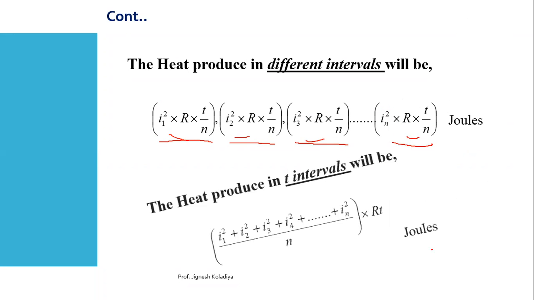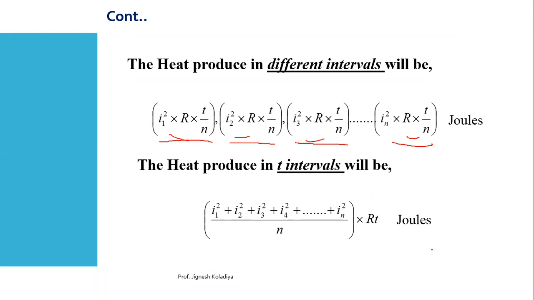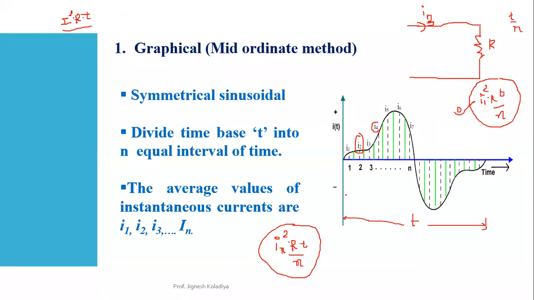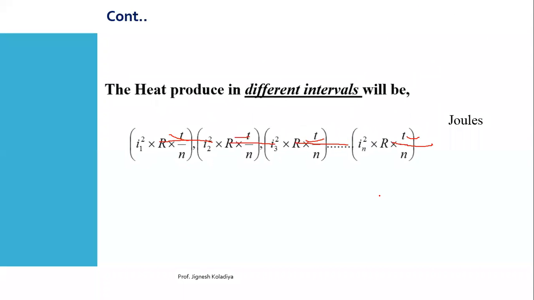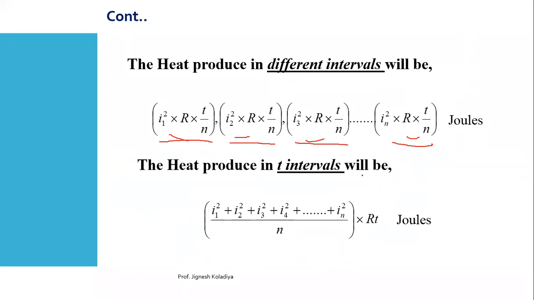Now the heat produced in T interval means your waveform started from 0 and goes up to T. So now we are going to find the total heat generation. During the T interval, it will be the summation of all, with a plus sign in between.